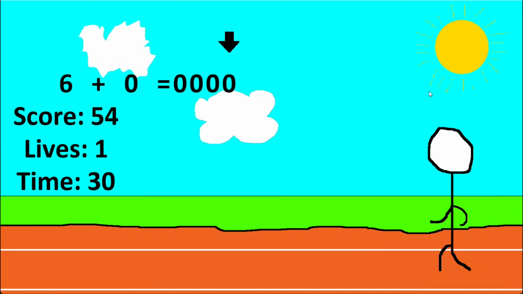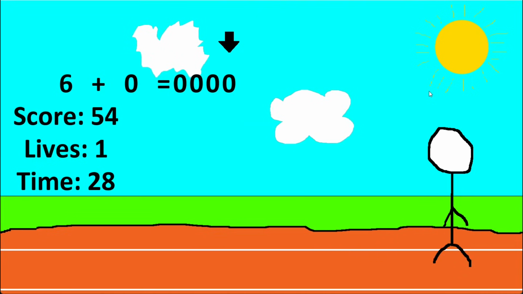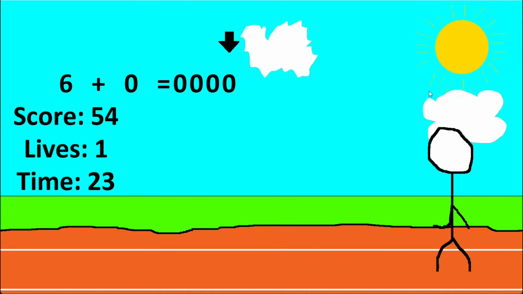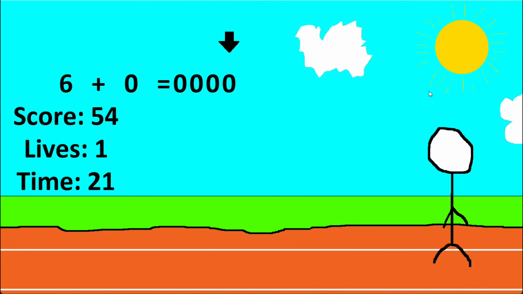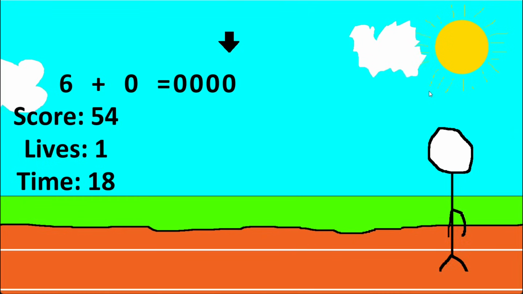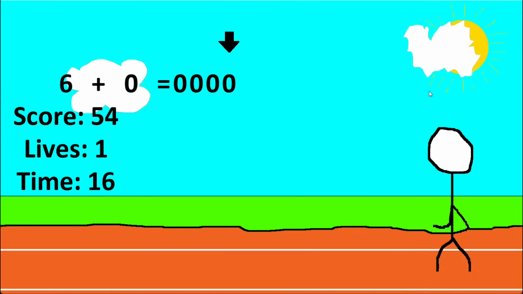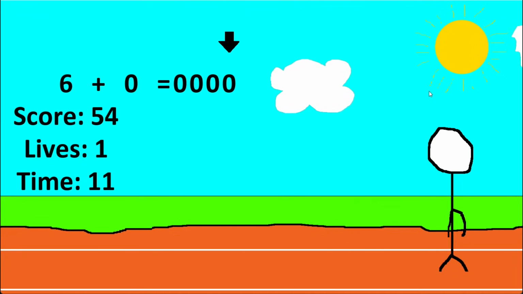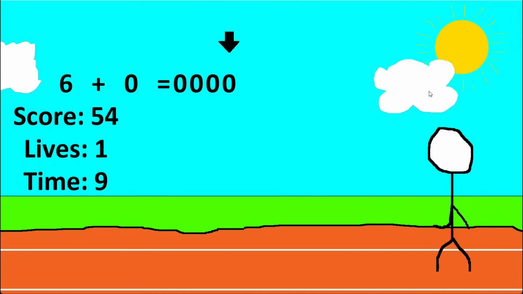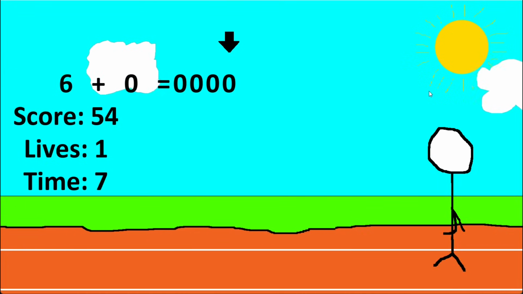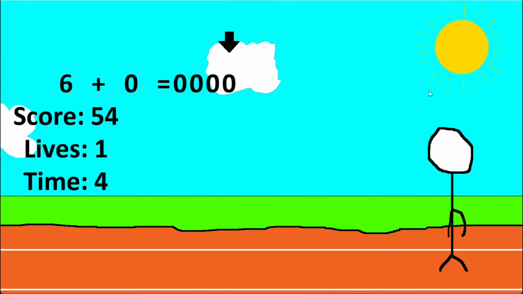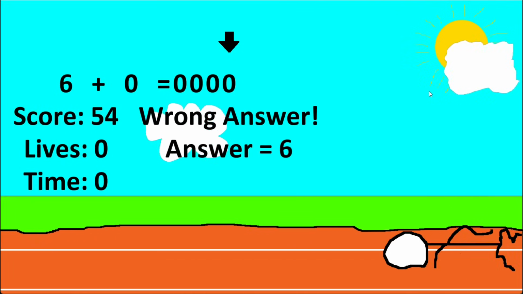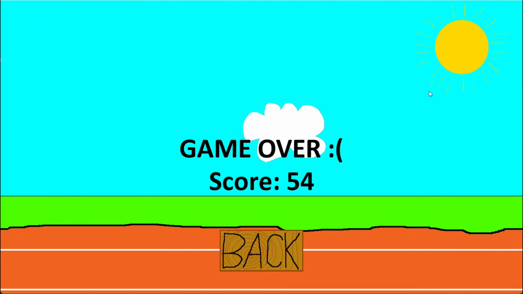How about I show you the game over screen now? Early on in development, I had actually forgotten to make the timer penalize you for getting the question wrong, so I'll just wait the timer out and you can see what happens. 9, 8, 7, 6, 5, 4, 3, 2, 1, 0. And that's game over.